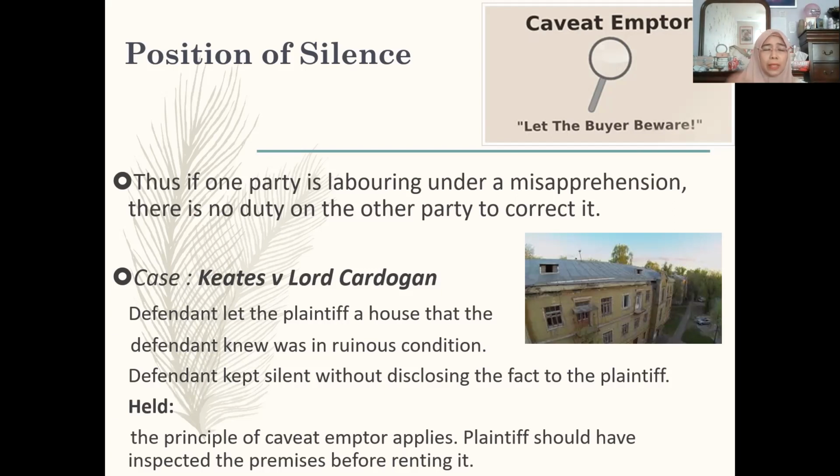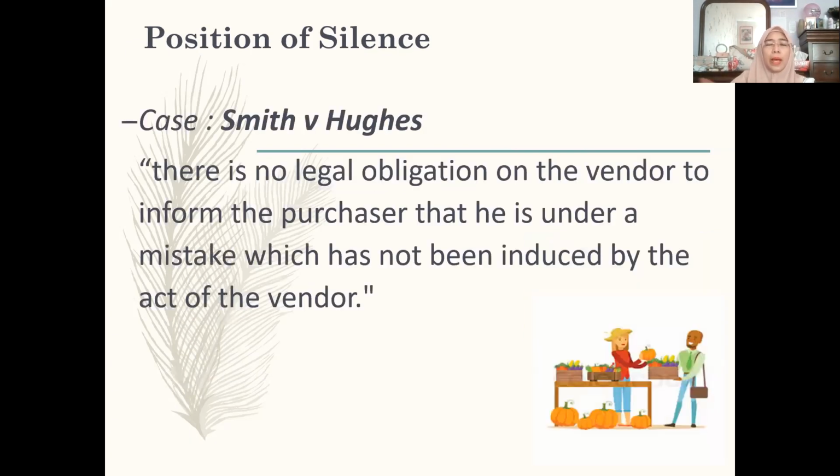The maxim actually applies against him. Basically, it will be different if he asked about it. Here, he didn't ask. He just proceeded, he just signed, and later he discovered it. So it's too late to withdraw from the tenancy agreement here. And this is an affirmation of the rule.